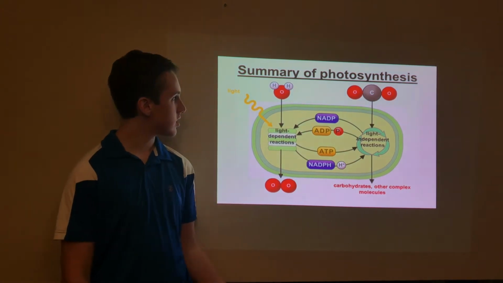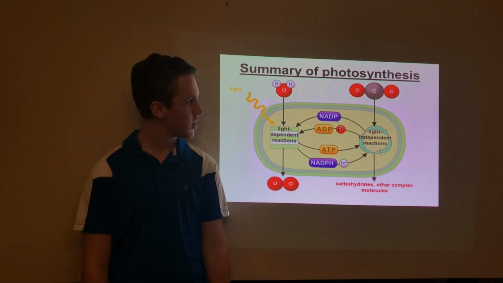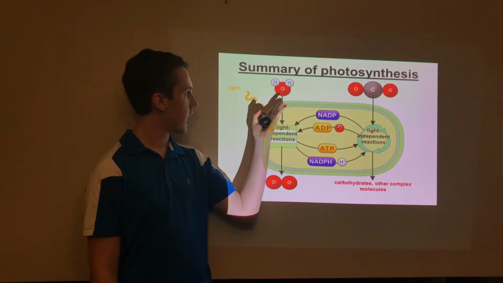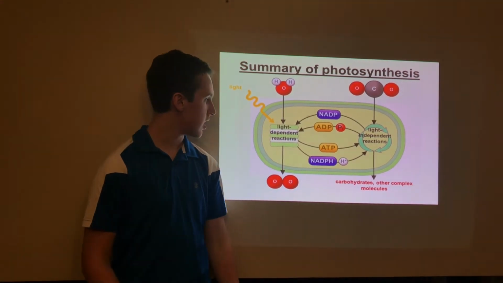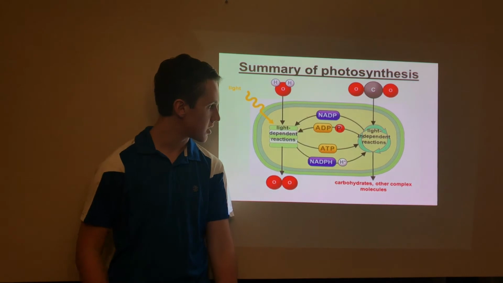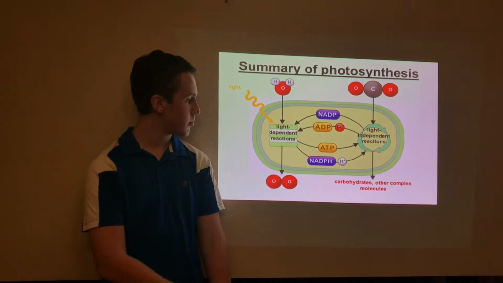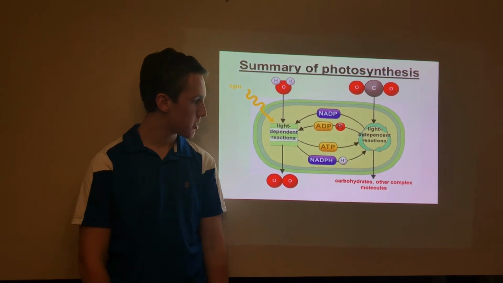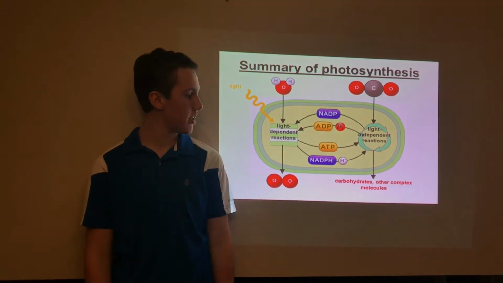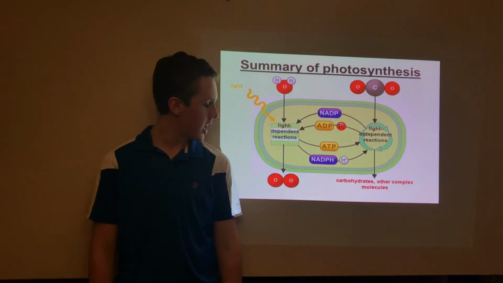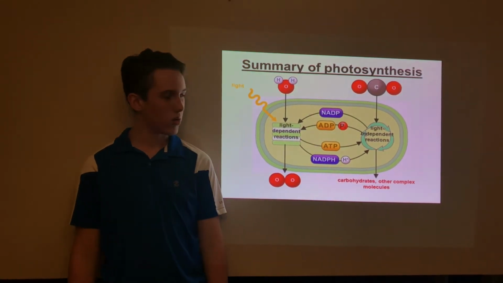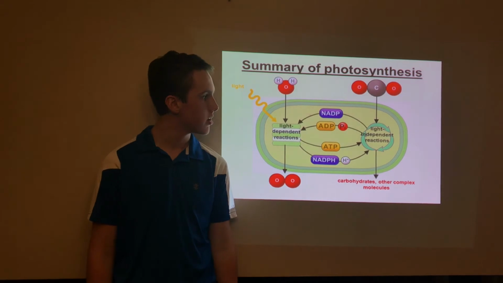Here is a summary of photosynthesis. As you see, light and water are taken in by the light-dependent reactions, and the light-dependent reactions make ATP, NADPH, H+, which is used in the light-independent reactions, and two oxygen molecules, which is a waste product that they release.